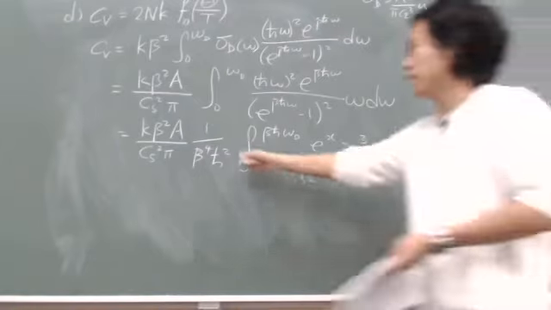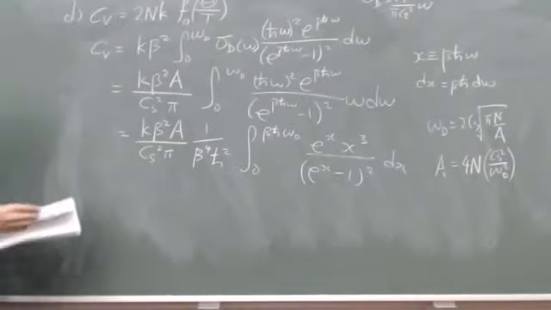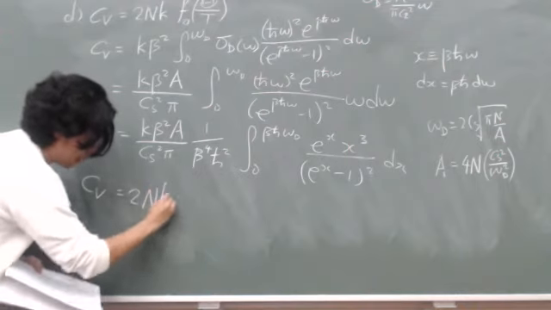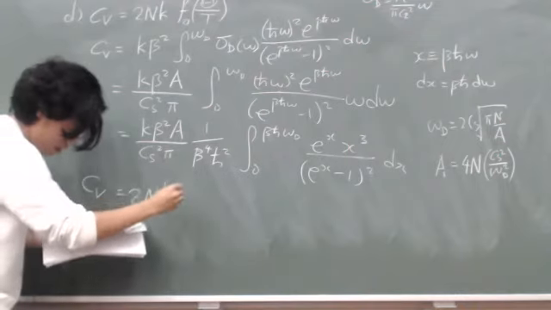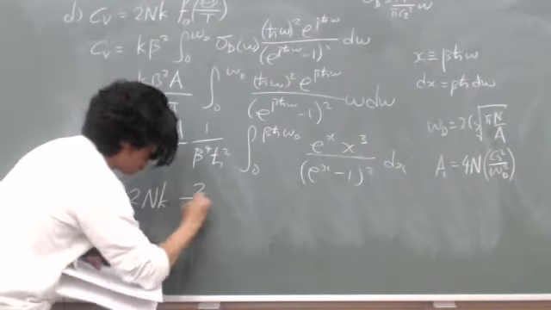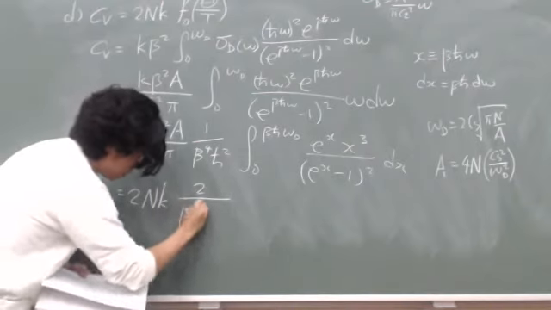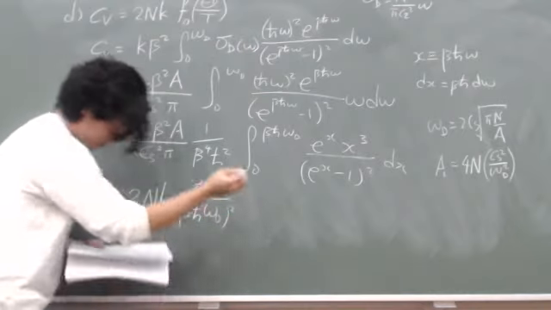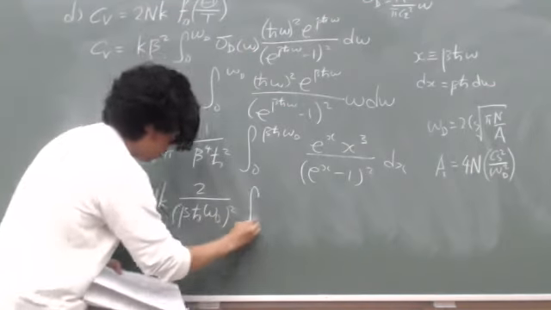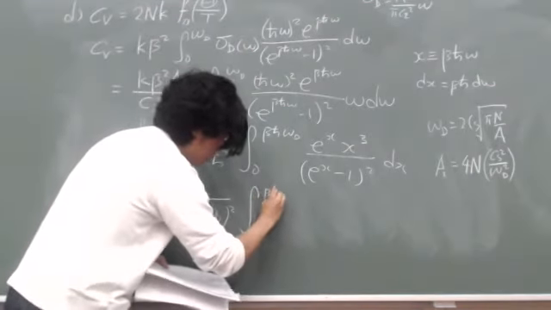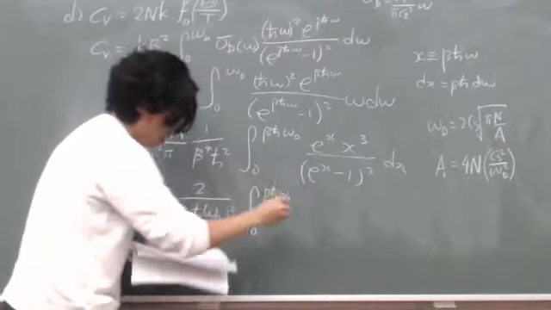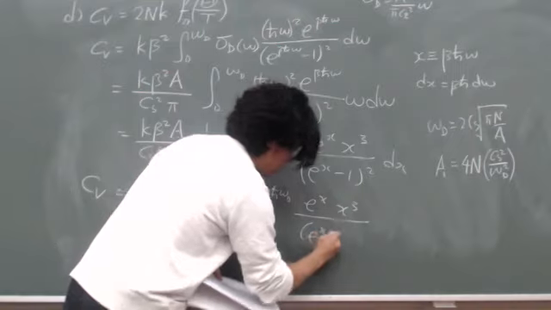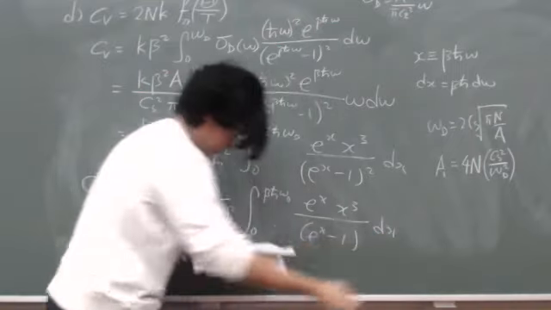Putting this in, CV ends up looking like 2N times k, the N from the A over there, times 2 divided by beta h bar omega D squared, integral from 0 to beta h bar omega D of x cubed e to the x divided by e to the x minus 1 squared, dx.